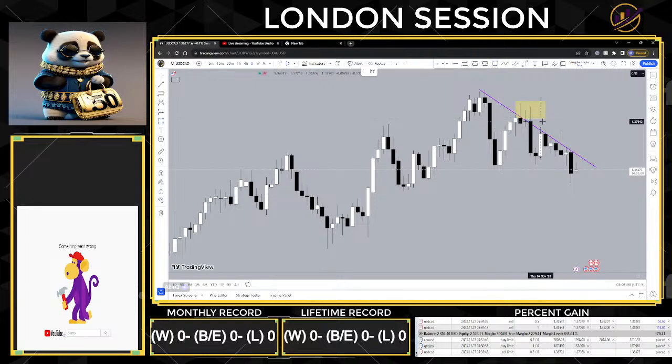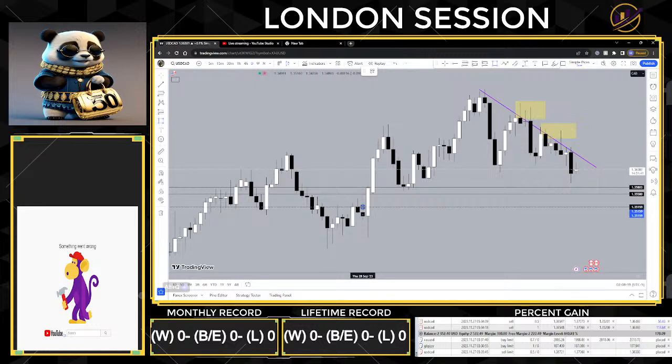So we're forming a structure over here. You got a first minor support zone over here. There's a nice fair value gap in this zone.